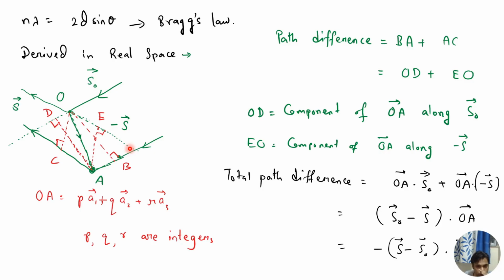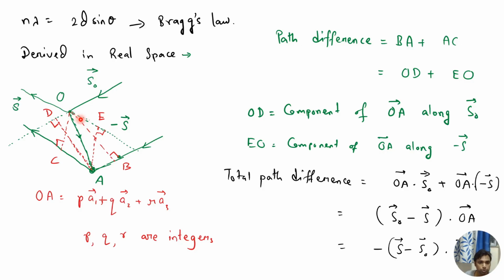Now what we want to find is how this can interfere constructively: the beam which is deflected from O and the beam which is deflected from A. So let us find the path difference and then equate it to an integral multiple of lambda. So what is the path difference?